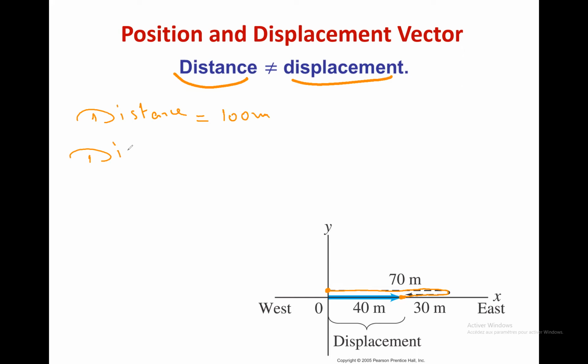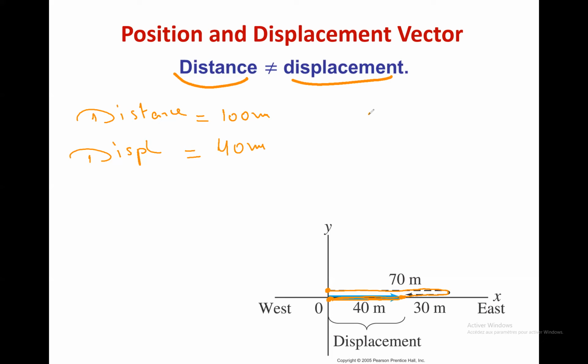But the displacement equal only the vector between the initial point and the final point. It's independent to the path. So it's from here to here. It's 40. So you have a difference between these two quantities.